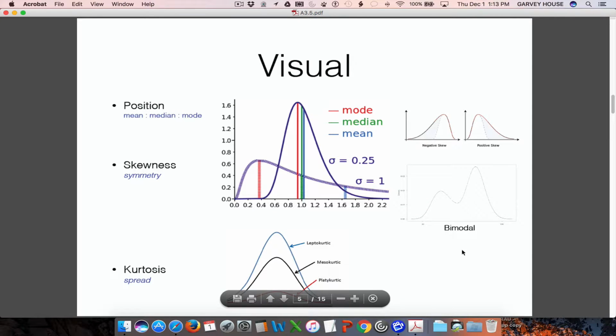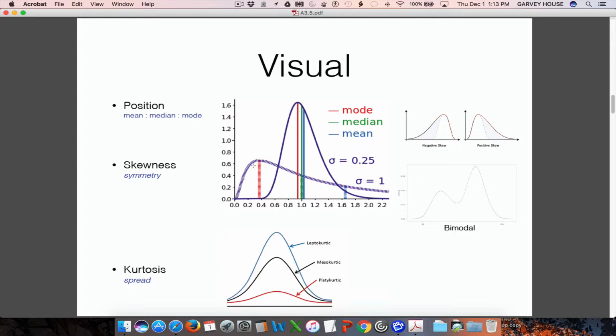So let's take a look at the visual components. Earlier we talked about numeric, looking at the relative position of the mean, median, and mode. In this diagram here, you can see that there's a slight positive skew, and in fact the mean is slightly pulled towards the positive end.